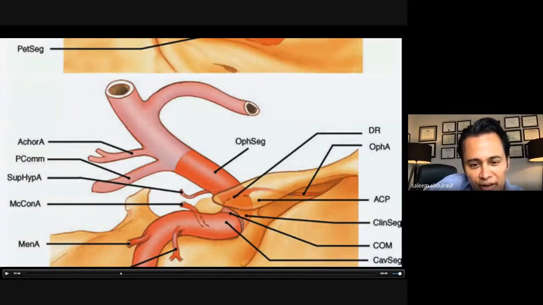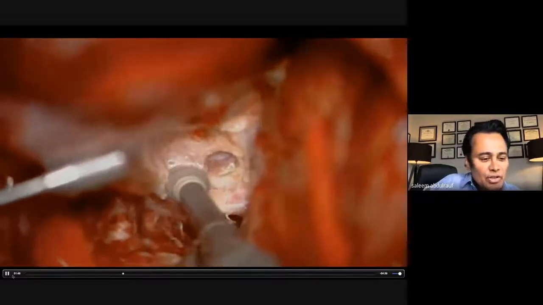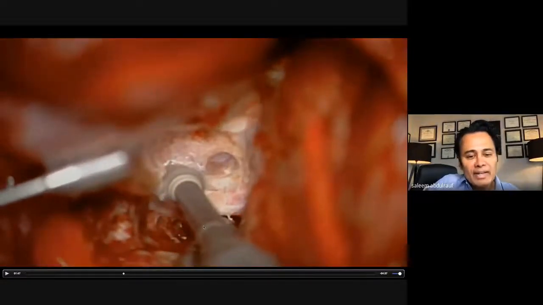That's the anterior clinoid there. To get to the neck, you have to drill this portion of the anterior clinoid. Just to orient you, this is on the left side, left pterional approach, transsylvian, left frontal lobe, left temporal lobe, working through the sylvian fissure.